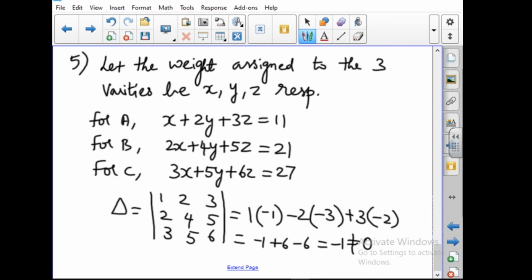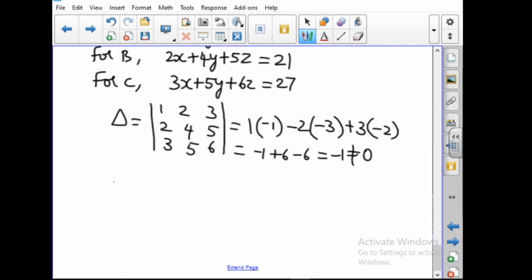Okay. Now let us find out delta x. Delta x, the first column should be replaced by the constants. So 11, 21, 27. The next two columns are same: 2, 3, 4, 5, 5, 6.